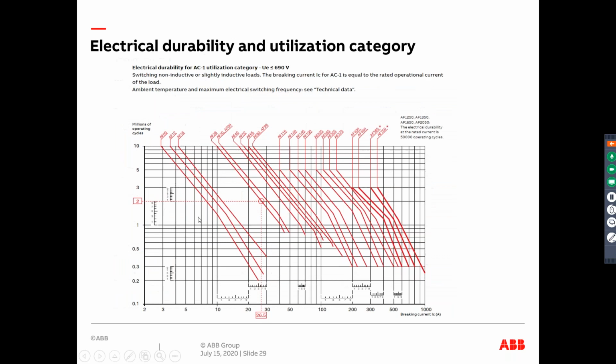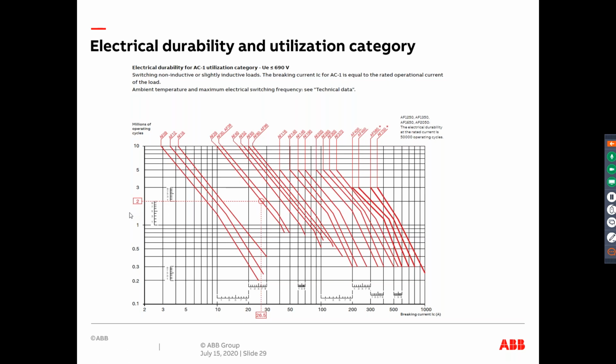And then you have electrical durability as well. So how many operations can a contactor give? If you see in the AC1 category, if you have 26.5 amperes of current, AF26 will give you around 2 million operations.